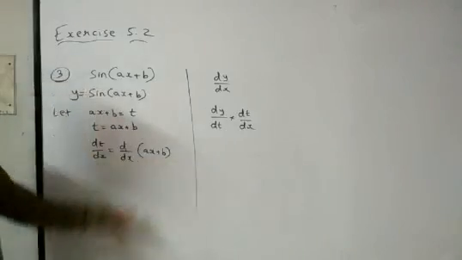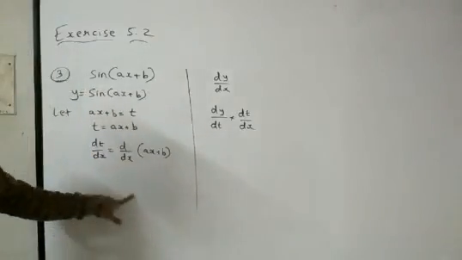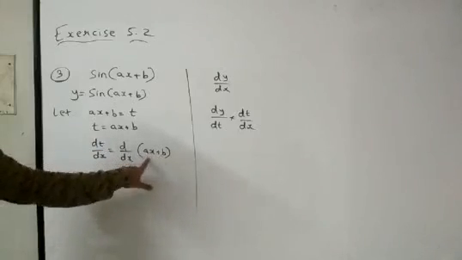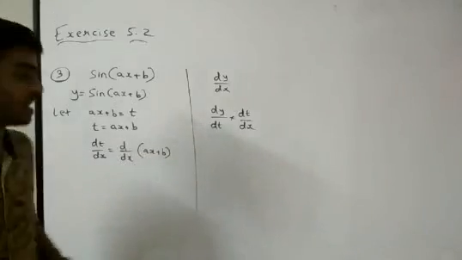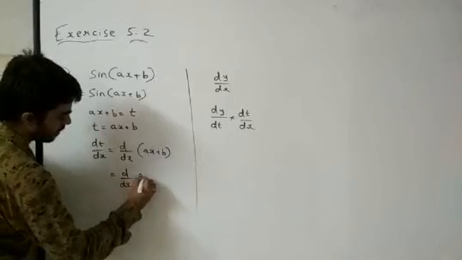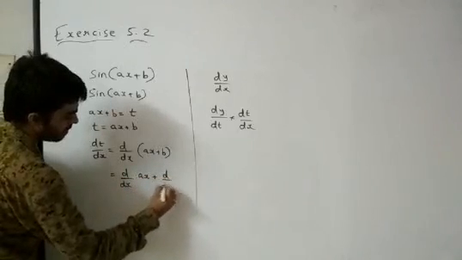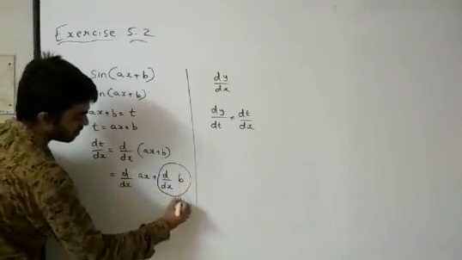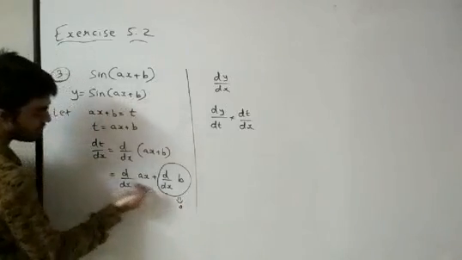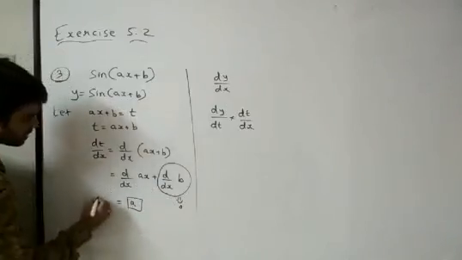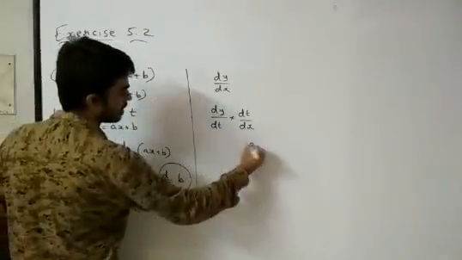Now we are using the algebra that we studied yesterday: if a derivative is there and two functions are in plus or minus, then we do it this way: d by dx of ax plus d by dx of b. So the second will be 0. The a will come outside, so a times d by dx of x, which is 1, so a into 1 is a, plus 0, and the answer is a only. So dt by dx I am writing here as a.